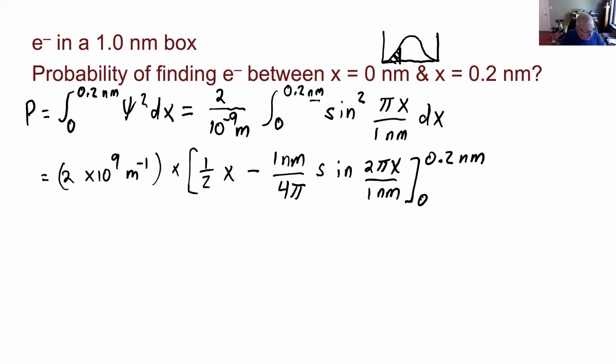When I do that, I'm going to get the 2 times 10 to the 9th out here.